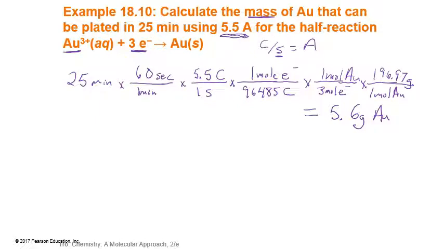There is an alternate way to do this calculation, and the formula is IT equals NF. So the I is amps, T is time in seconds, N is number of moles, and this is moles of electrons, and F is Faraday's constant.